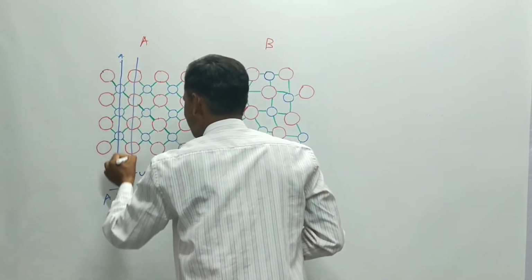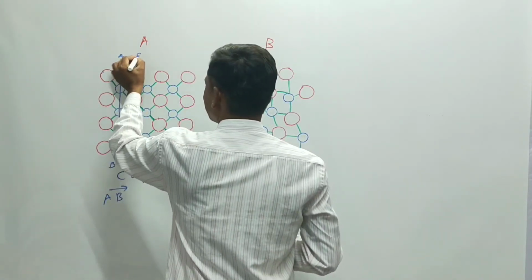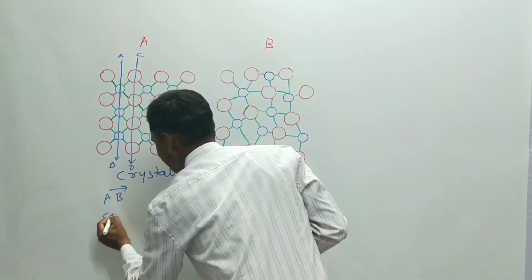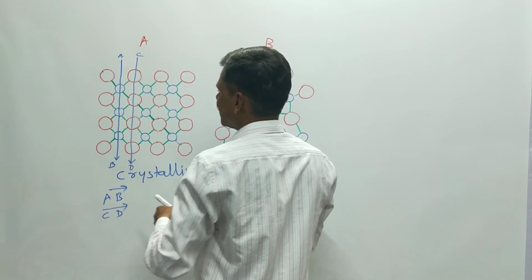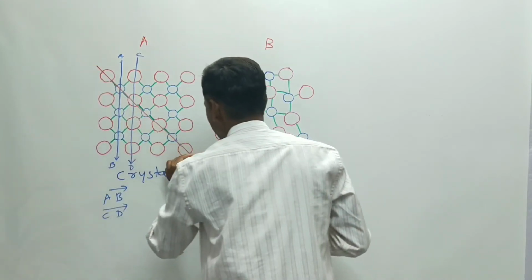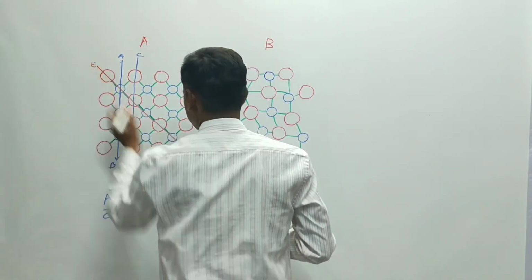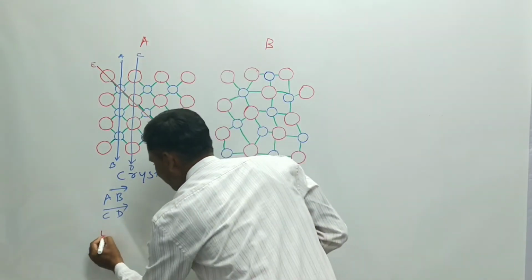Similarly, we observe the arrangement of particle in CD direction. And if we observe the arrangement of particle in this direction, denoted as EF.